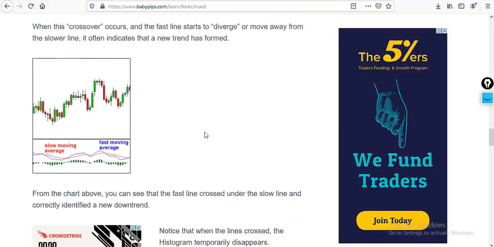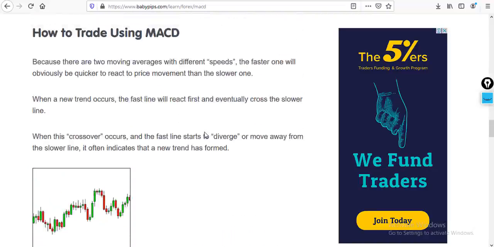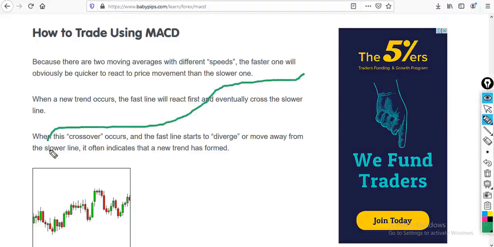The MACD is used to trade a new trend. And how do we identify the new trend? When there is a crossover. When both lines cross over, it tells us something very important. So let's say you have one of the lines like this. This area here, where prices cross over, indicates something new.